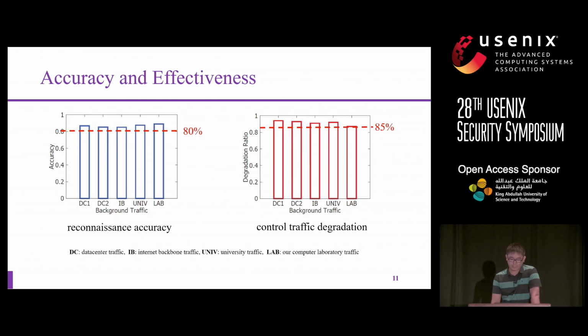As you can see in this figure, although different types of background traffic affect the accuracy and the control traffic degradation, the accuracy always achieves more than 80%, and the degradation ratio always achieves more than 85%.